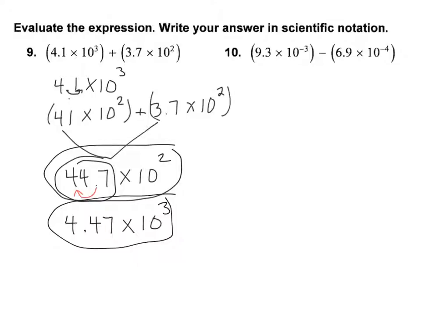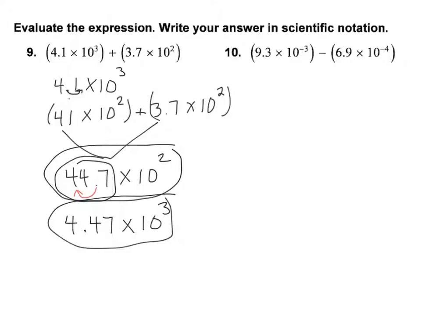Looking at number 10, we run into the same issue. This and this are not the same. So we're going to have to modify it. Now let's just think about this. If we move this over to the left and make it smaller, this number would have to get 1 larger, which would be -2.